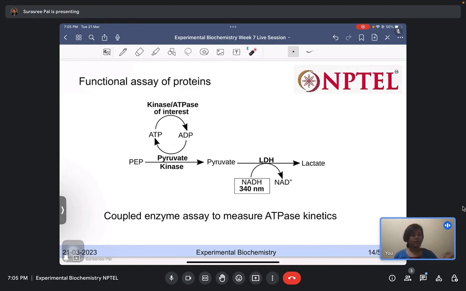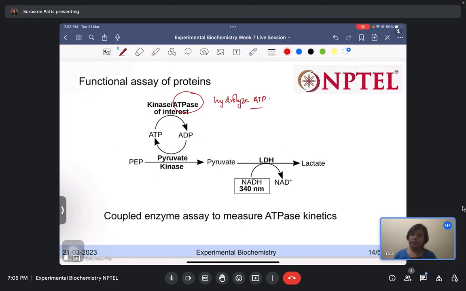Suppose in our lab we usually work with ATPases. ATPases are enzymes which hydrolyze ATP to perform their specific function.